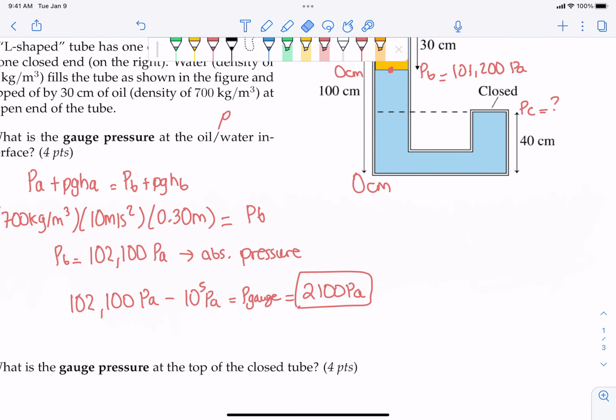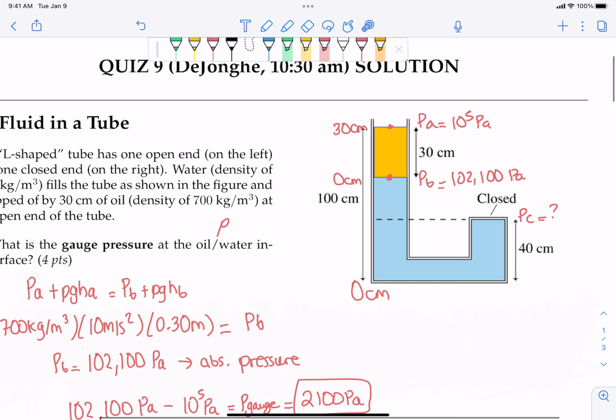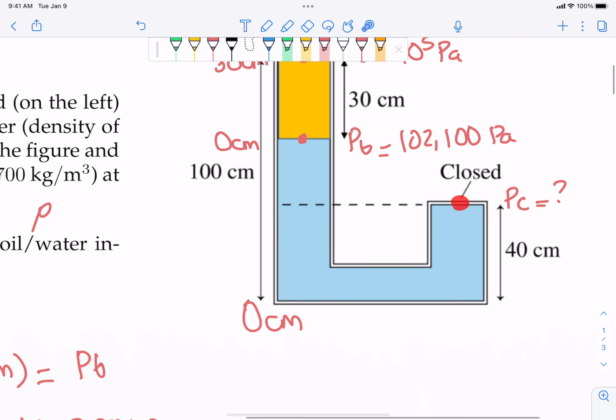My bad, 102,100 pascals. Thank you for correcting my mistake there. So pressure at C is equal to pressure here as well. So we can say pressure at C would be equal to pressure at D, for example. We can call these two different points, but in reality, they actually have the same pressure.